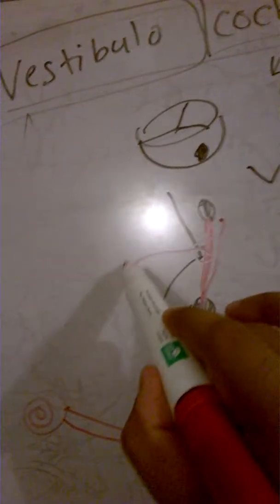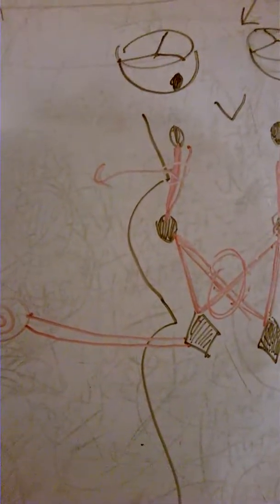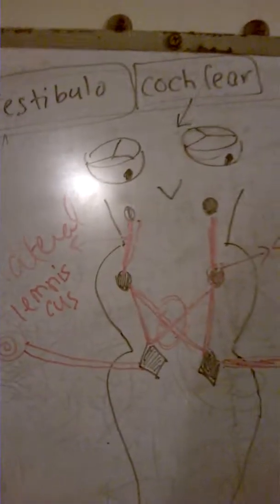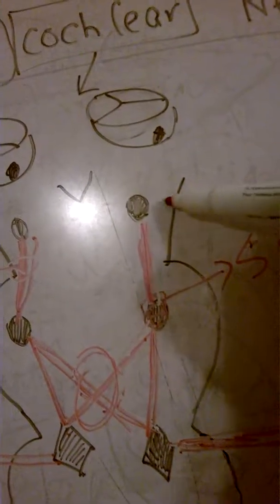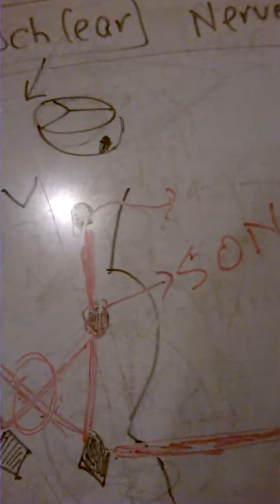A lemniscus is nothing but a bundle of nerve fibers inside the CNS. And thus it ends up where? This is the inferior colliculus in the midbrain, right?